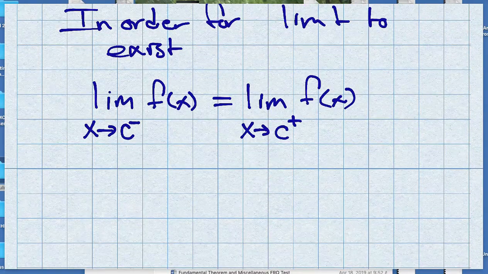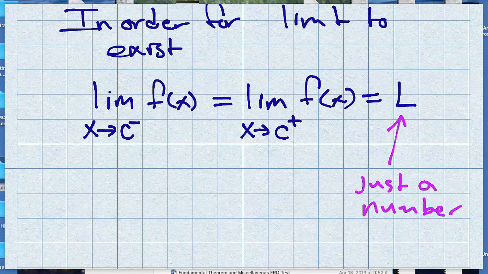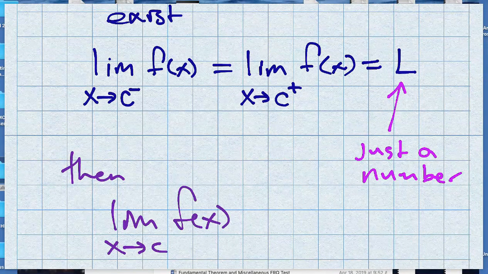And if those two things are true, and they are actually a finite value, so just a number, so if it approaches infinity or negative infinity, you can write does not exist. But if those things are true, then the limit as x goes towards c of f of x equals L. But remember, we talked about the left side having to equal the right side. And remember, it's as you're approaching it.